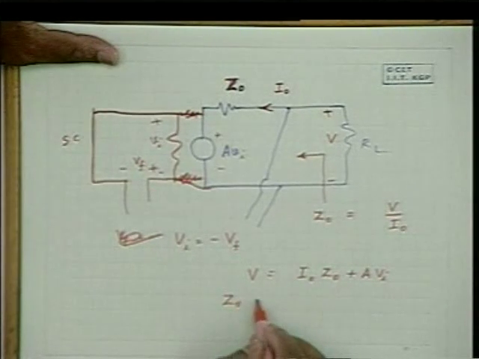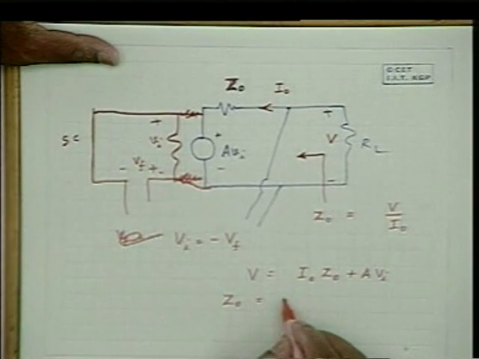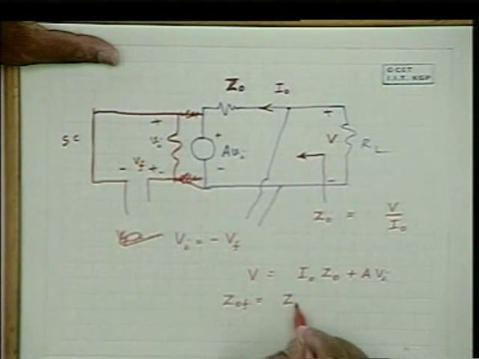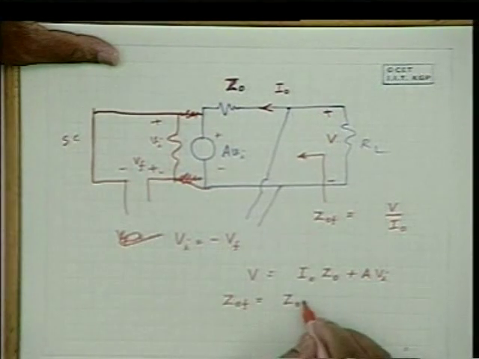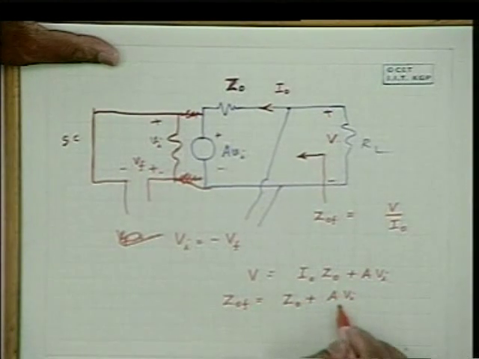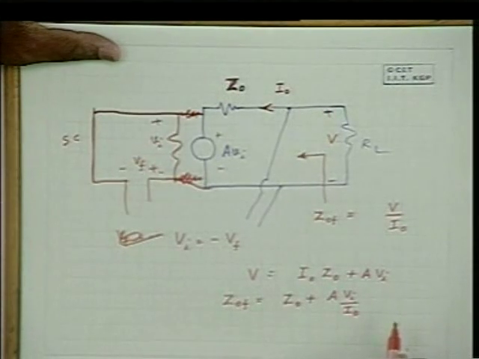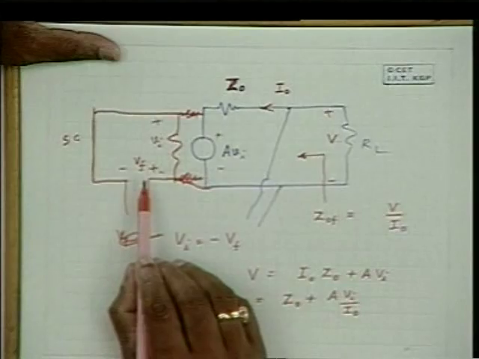Therefore, dividing this equation by I naught, I will get Z naught, let me call it ZOF because this is ZO, as Z naught plus A Vi by I naught. Now, Vi can be obtained from Vf itself.